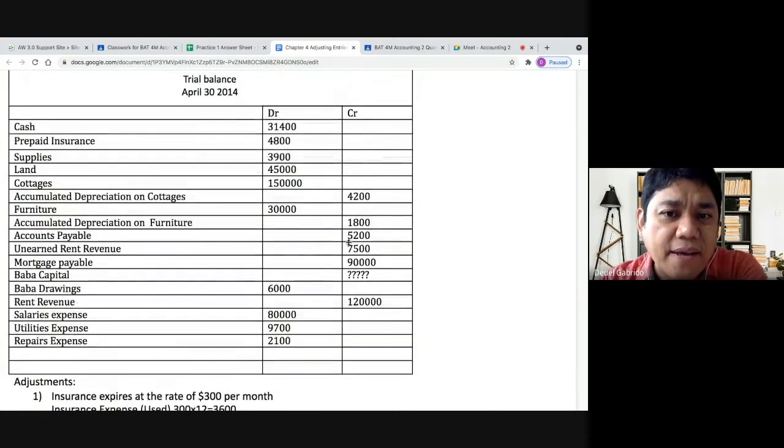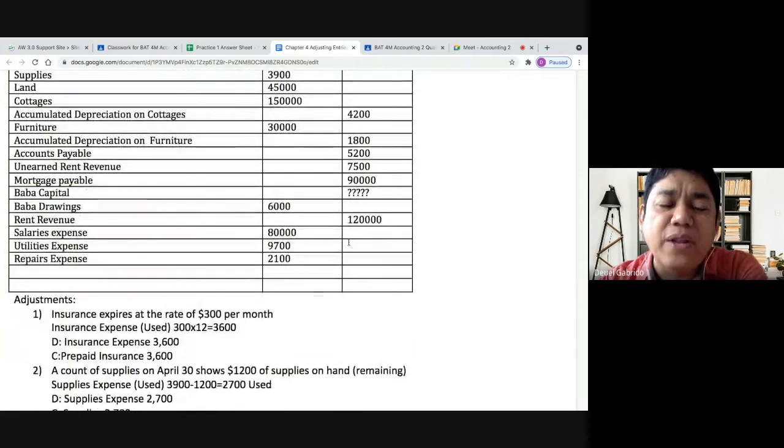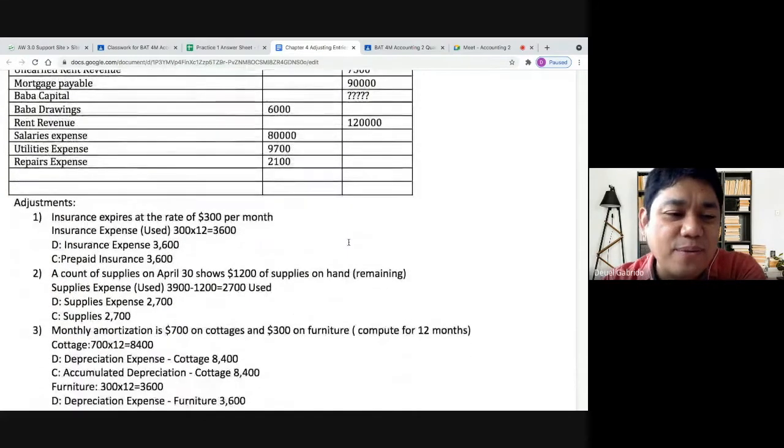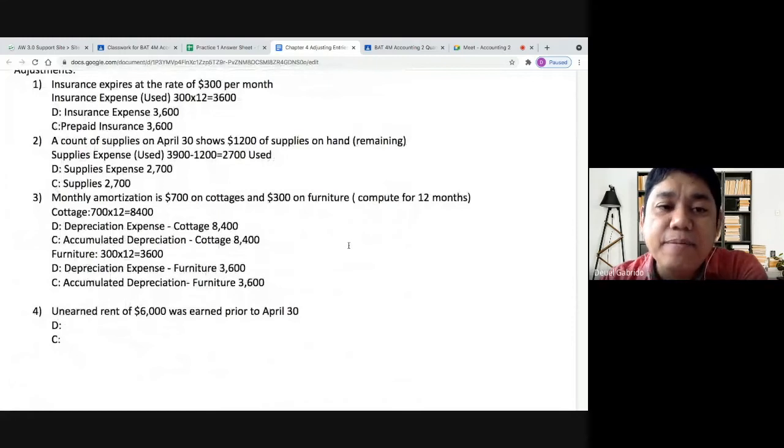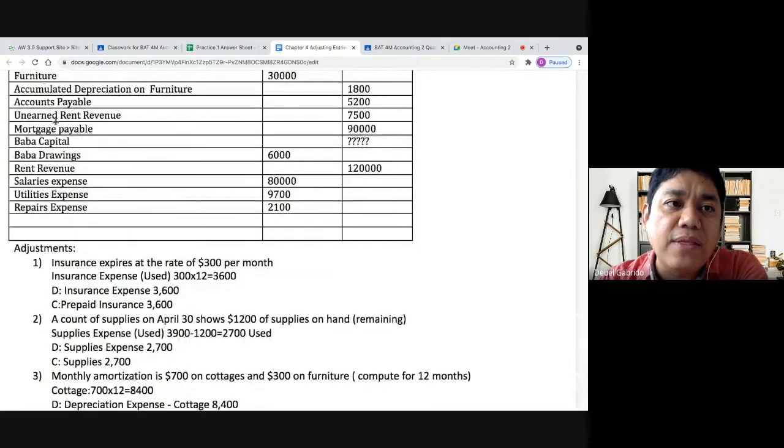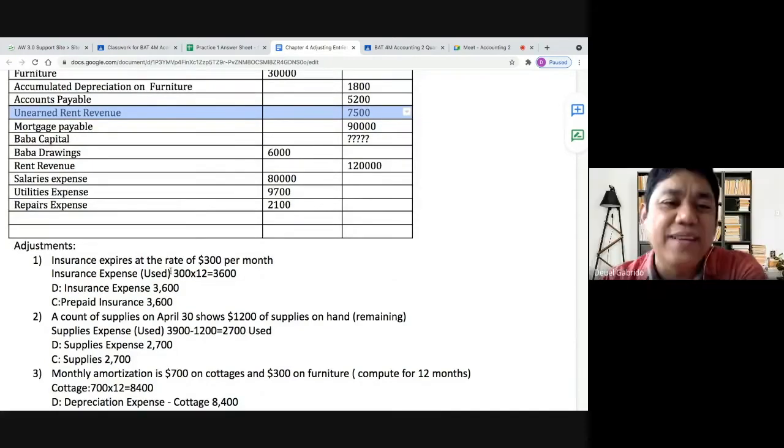But when we are recognizing, we are not paying them, by the way, sorry. But when we are recognizing the revenue of 6,000, what shall we do with the unearned rent revenue? Where shall it go? Will it be on the debit or credit? Debit. It will be on the debit.